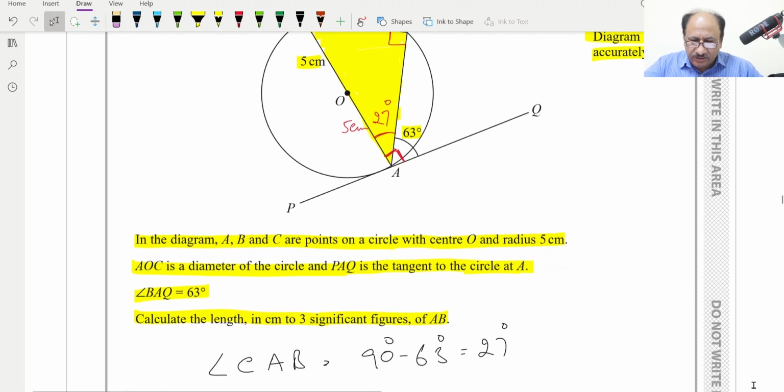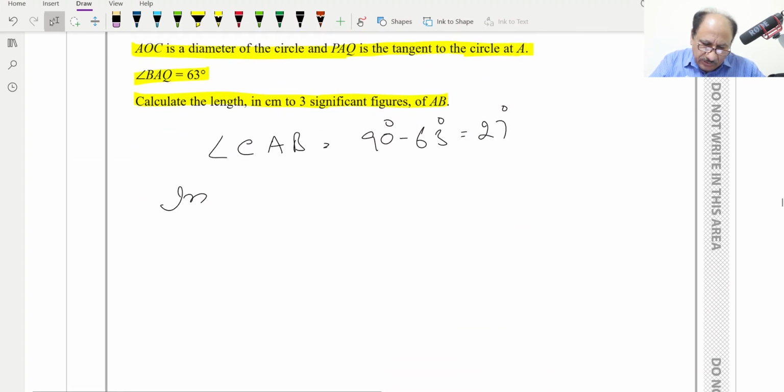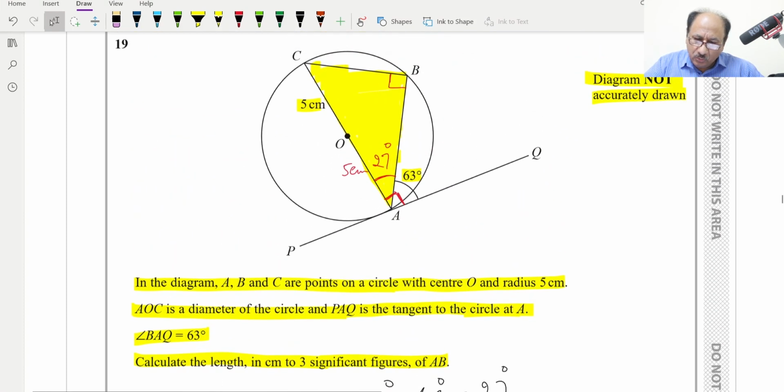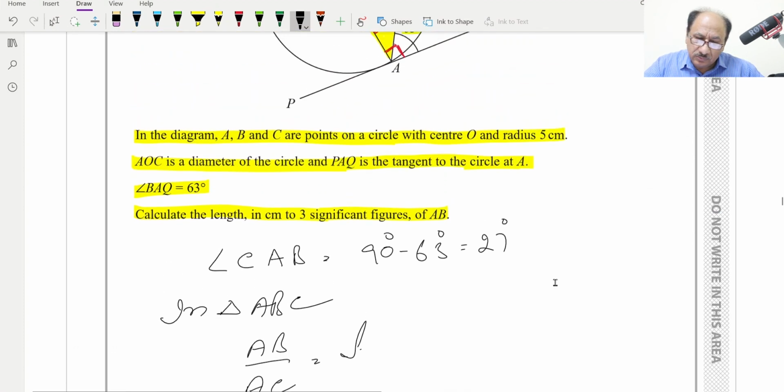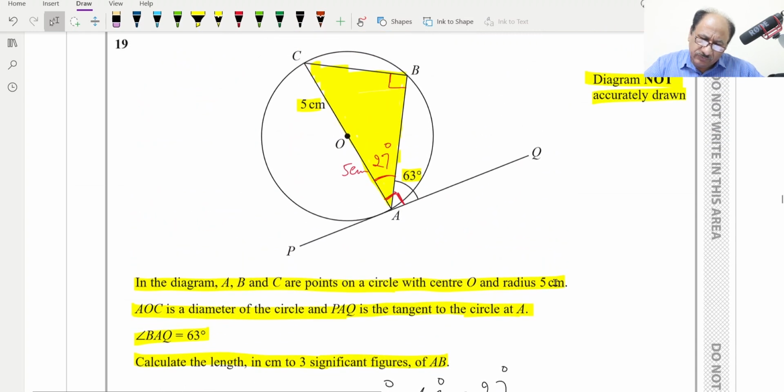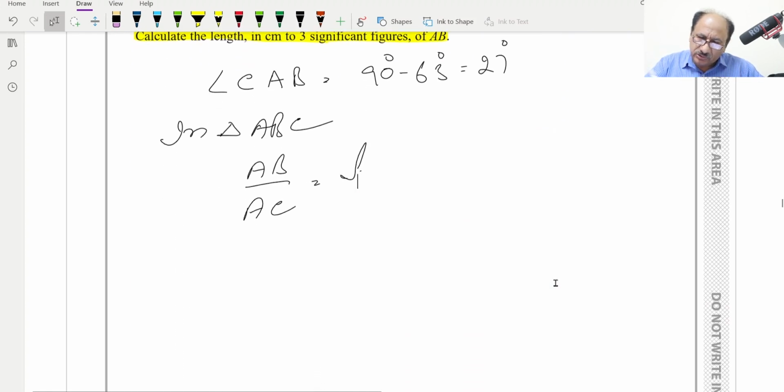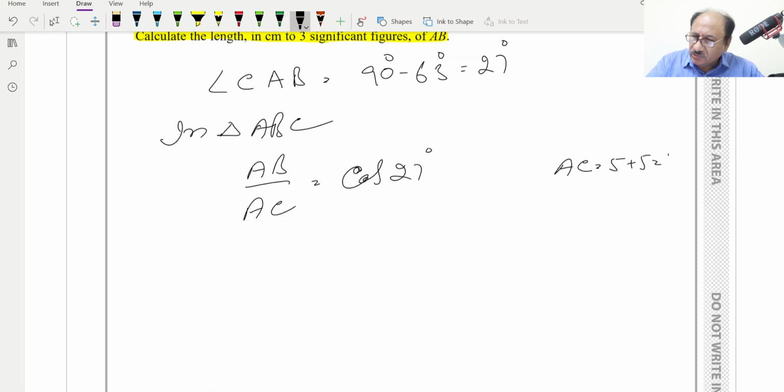So in triangle ABC, AB over AC is equal to adjacent over hypotenuse, which will be cos theta, cos 27 degrees, and AC is equal to 5 plus 5, which is 10.